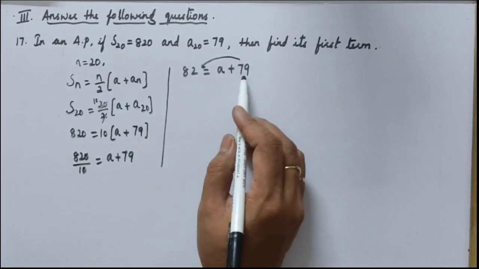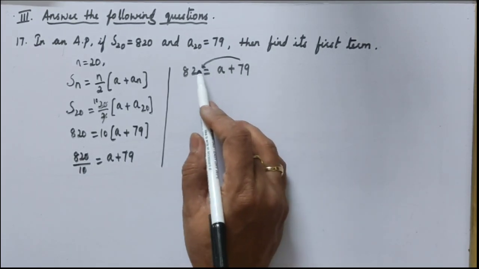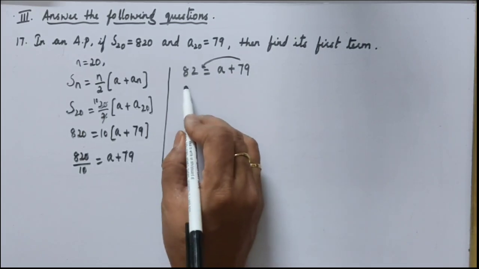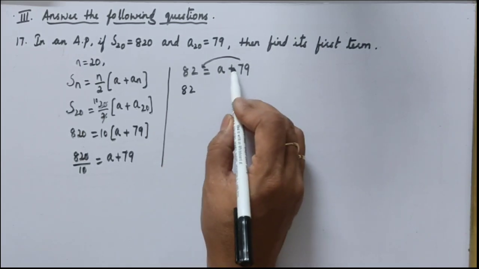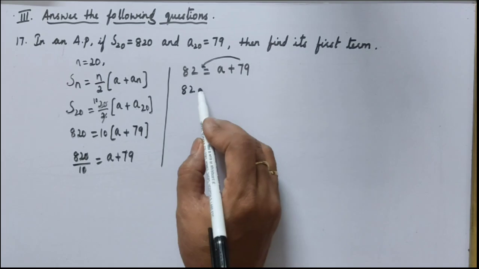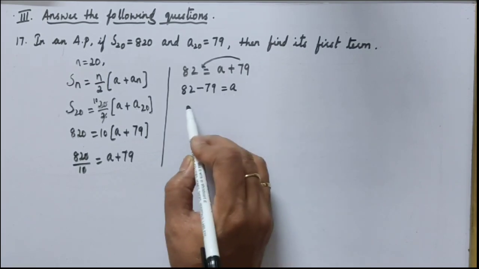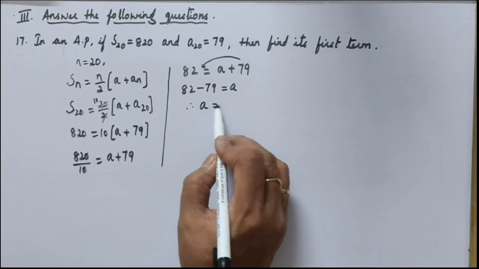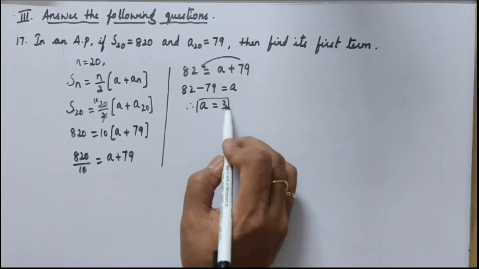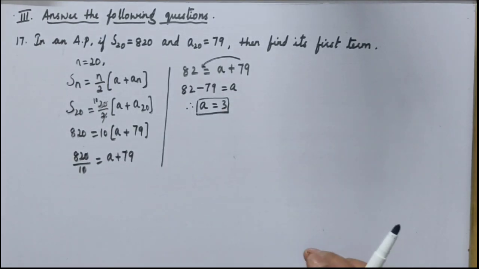Like terms means this is a constant, so we bring this to the other constant here. 82 minus 79, as it is transposed, the sign changes, is equal to a. Therefore a is equal to 3. So we got the value of a here. Hope it is clear to you all.